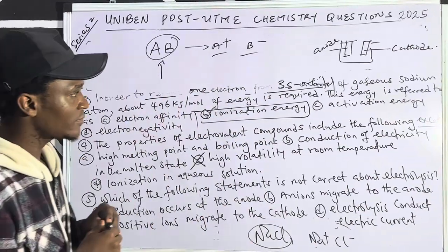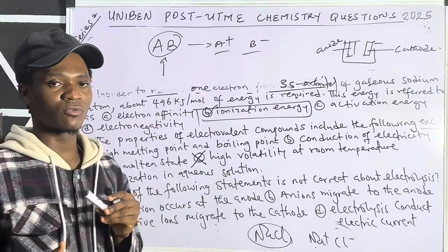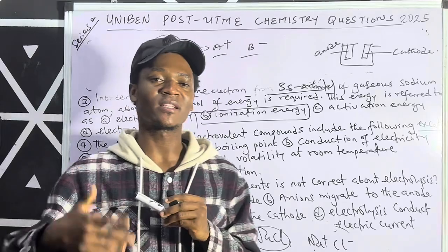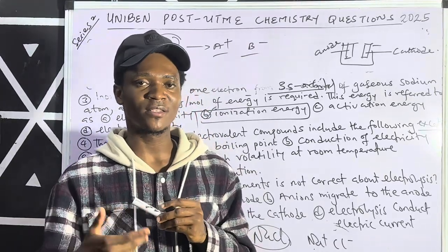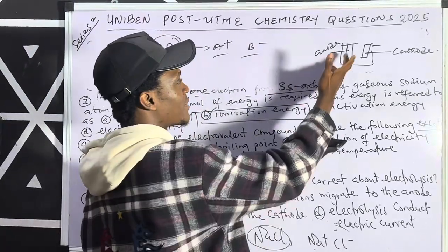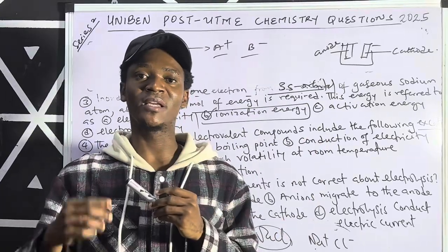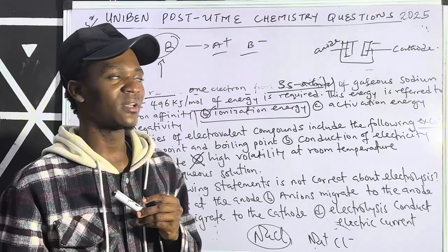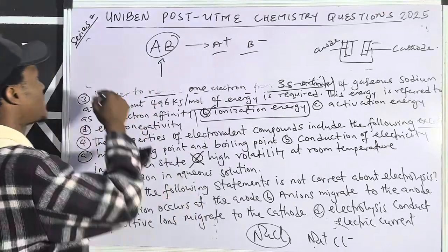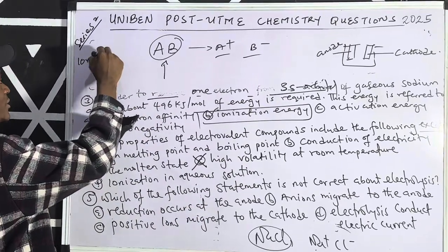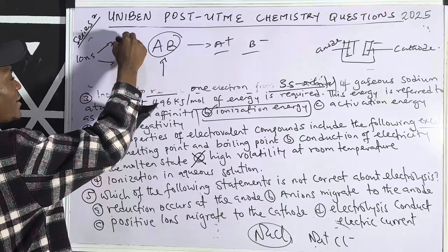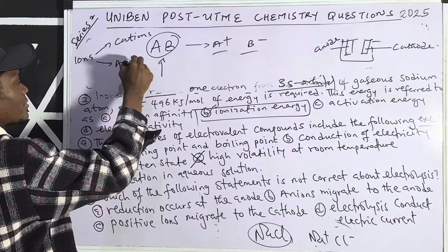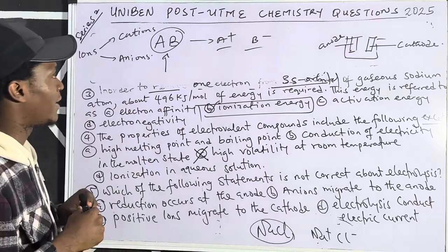These electrodes are of relevance during electrolysis because when ions start migrating, remember that unlike charges attract. So what migrates to the positive electrode must be a negative ion, and the one that comes to the negative electrode must be a positive ion. When we say ions, there are two kinds: cations and anions.